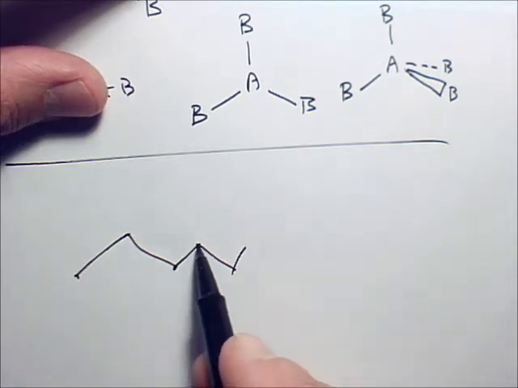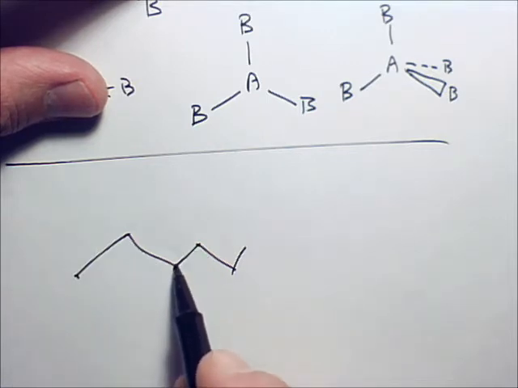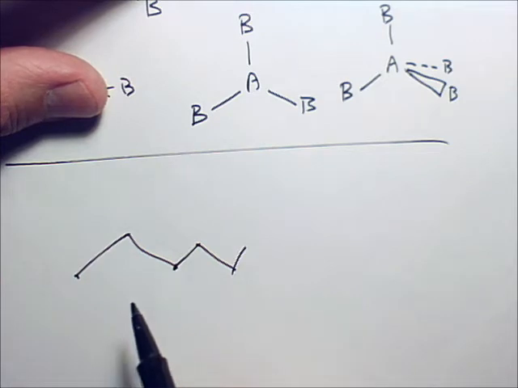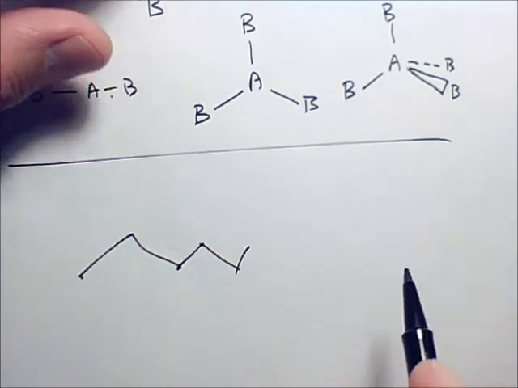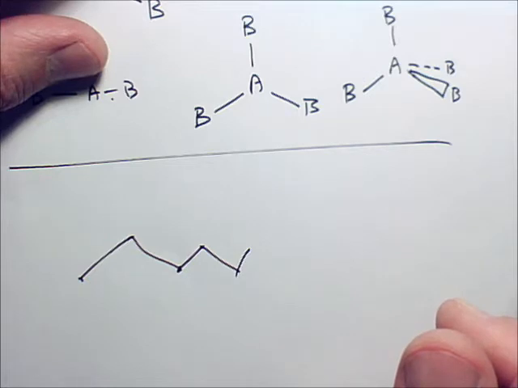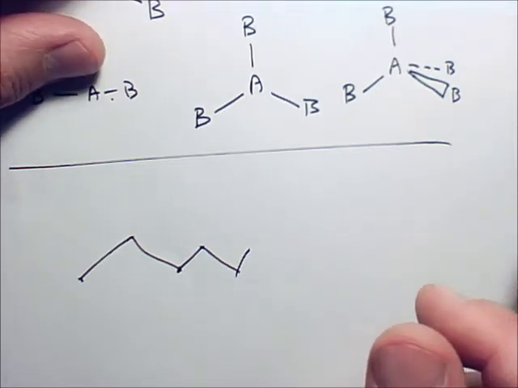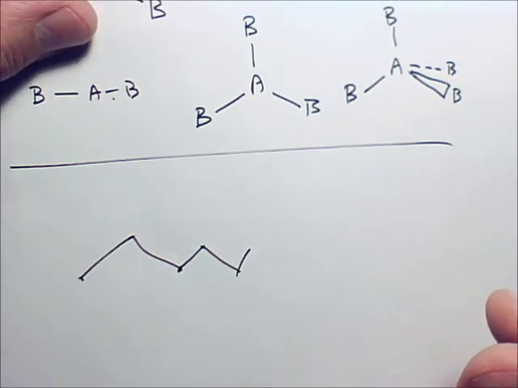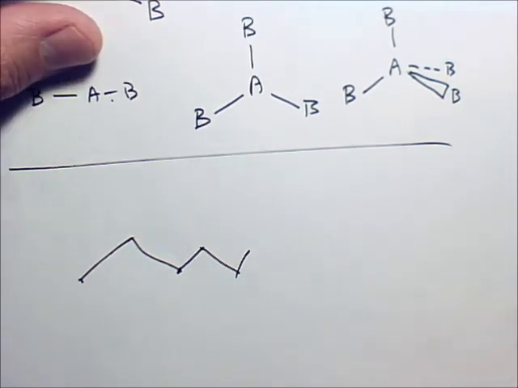And this carbon has 2 bonds showing going to it, so this carbon has to have 2 hydrogens to finish up the number of valence electrons it wants to have. In a skeletal formula, a carbon on the end needs 3 more hydrogens because it's only showing 1 bond. And a carbon in the middle of the chain would have to have 2 more hydrogens because it's showing 2 bonds on it.